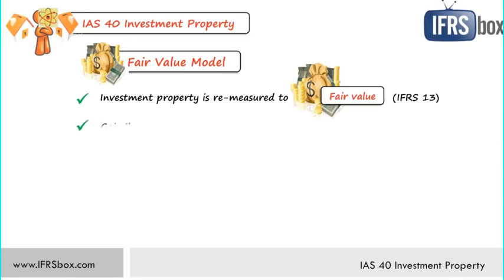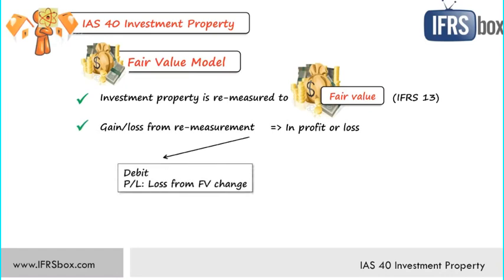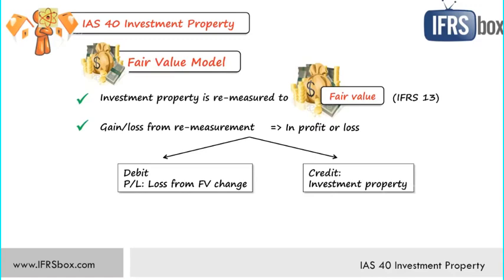Gain or loss from remeasurement is recognized in profit or loss statement, and a journal entry is to debit profit or loss from fair value measurement, and credit the investment property. Well, if there's a gain, then you make the opposite entry. Under fair value model, you do not charge any depreciation, and that's the main difference from revaluation model.